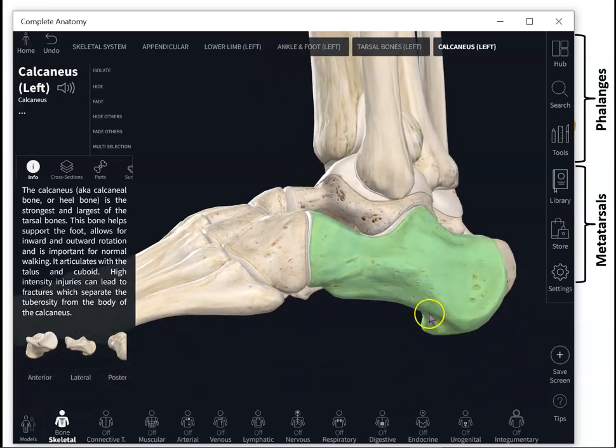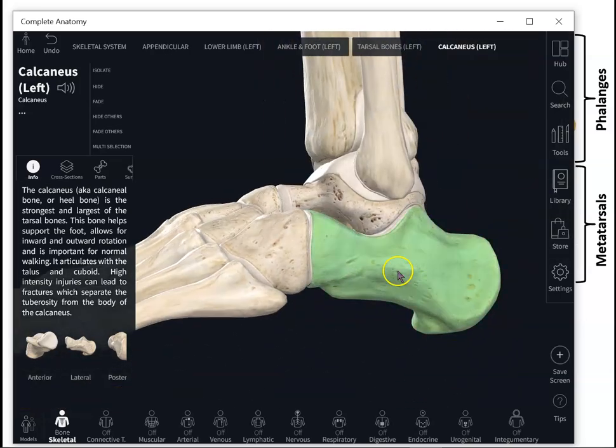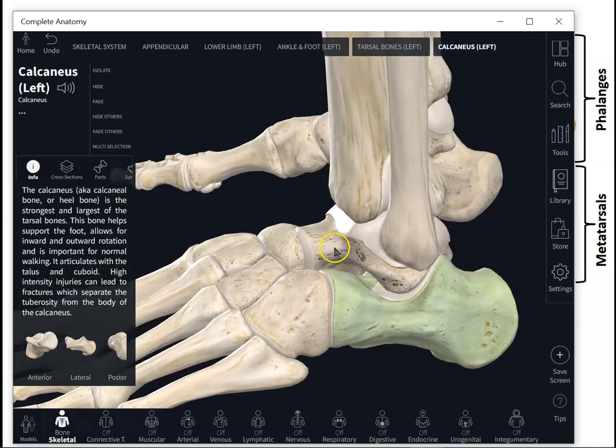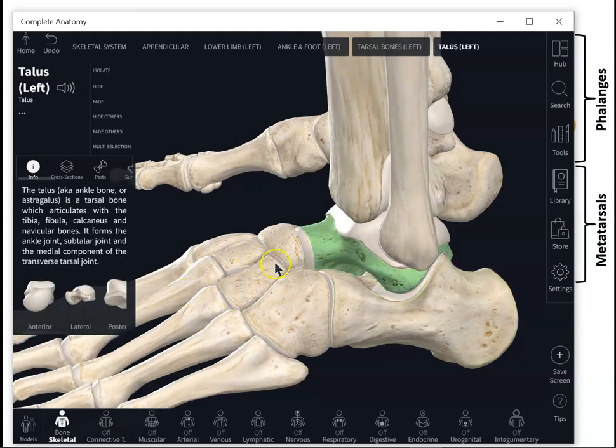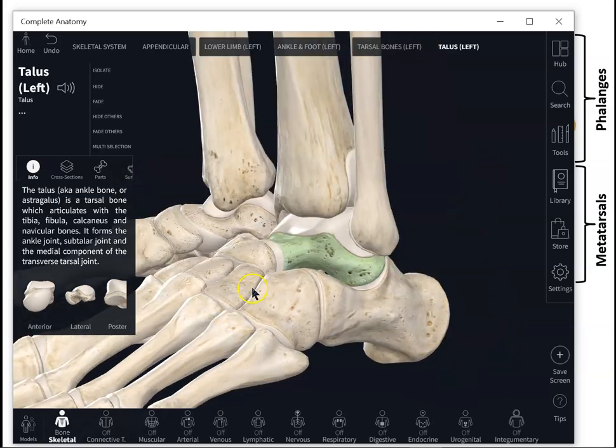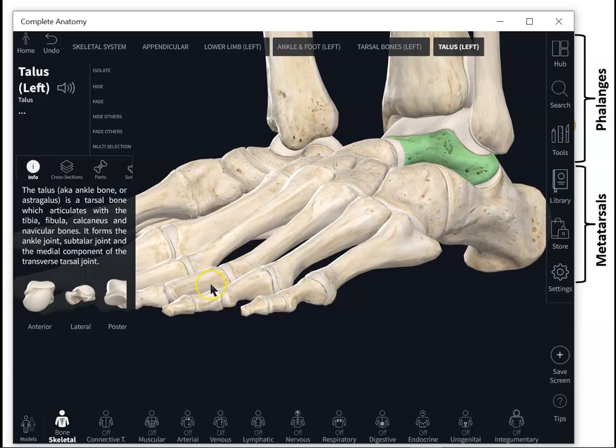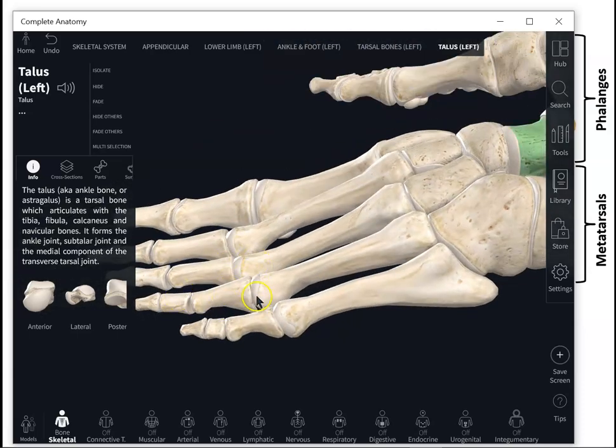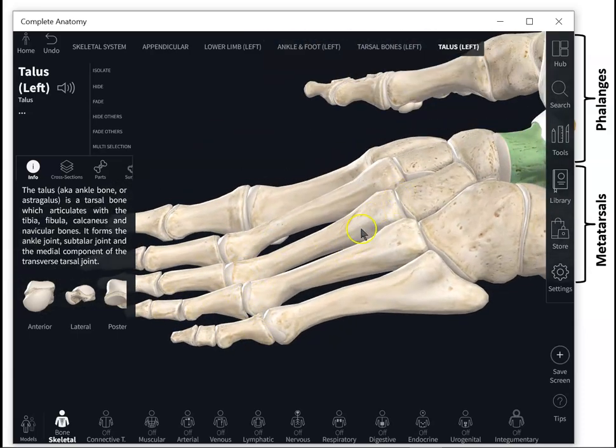That's going to be your heel bone. And that's going to take a lot of the weight. Most of the weight goes on your heel, but it's also going to push forward onto these bones. So the talus is also going to push forward onto these bones so that your metatarsals and your toes can take some of the weight.